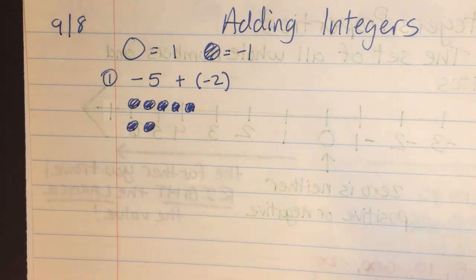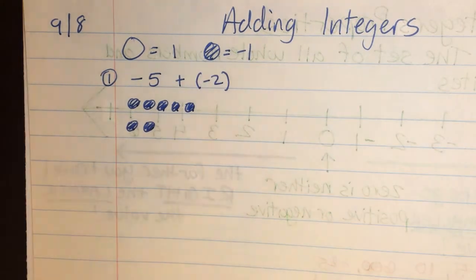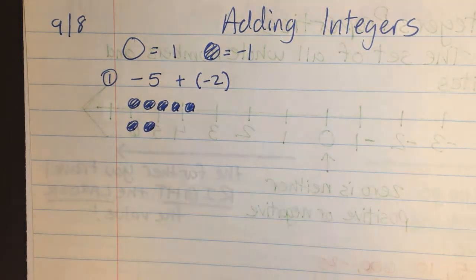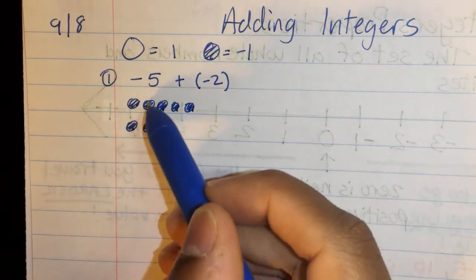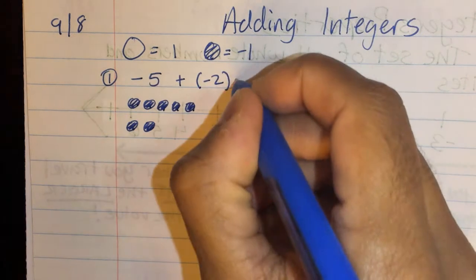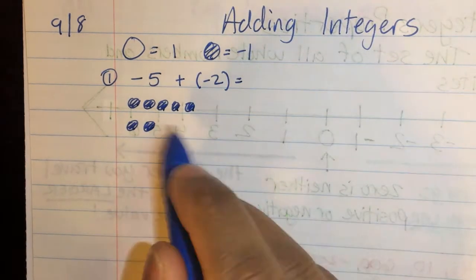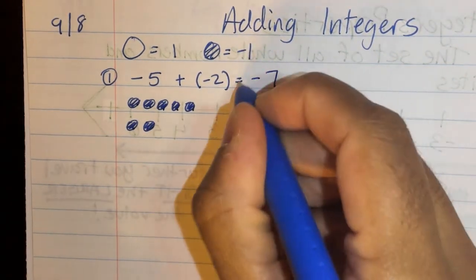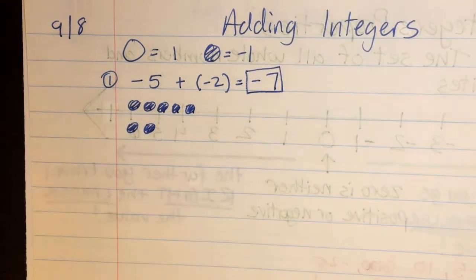Now when I look at this, there's no zero pairs, meaning I don't have a positive and negative that will cancel each other out. All of these are the same color, so I'm going to add like normal and keep the sign that I have. If I count this out, 1, 2, 3, 4, 5, 6, 7, we have 7 altogether. They're all negatives, so my answer is negative 7. This is what my final answer is.